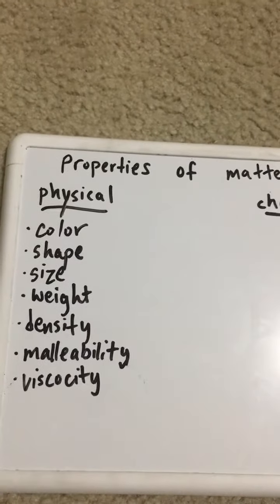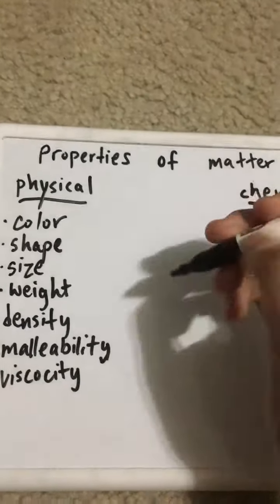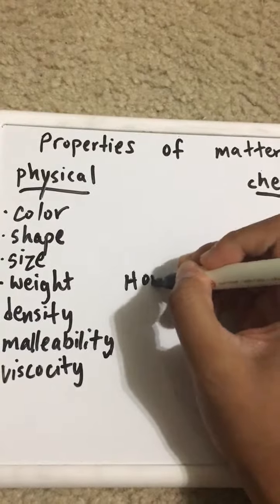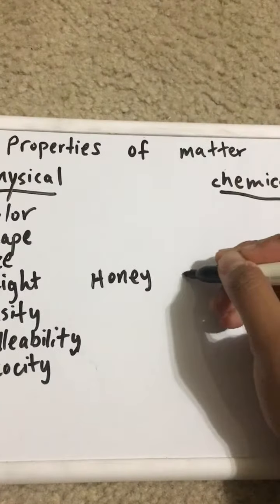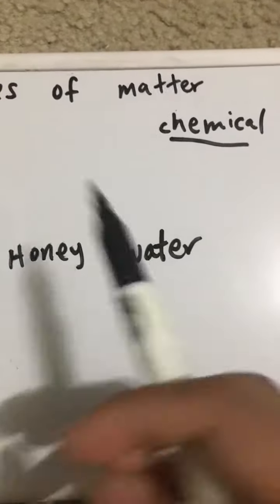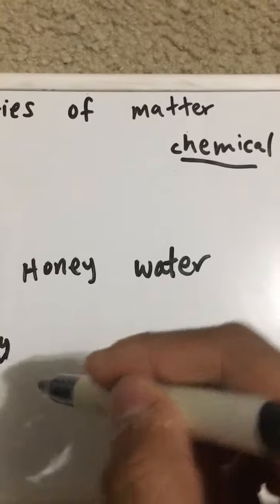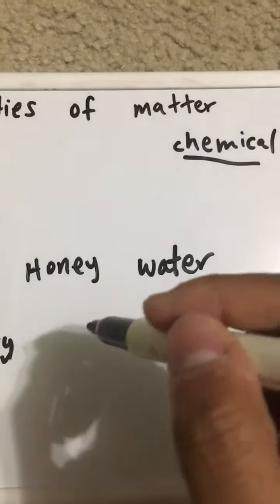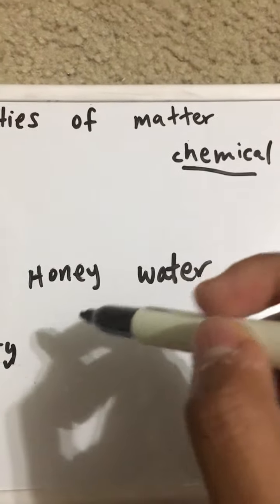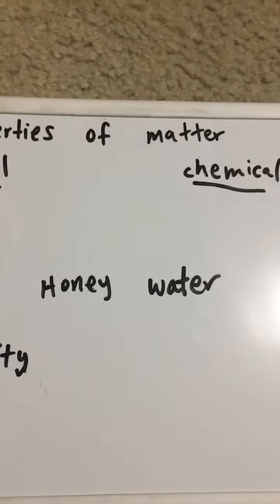And so I'll give you two liquids as an example. Let's say we have honey and water. Now, which of these two is more viscous, or which one has the higher viscosity, the honey or the water? Just give a guess and I'll tell you the answer.